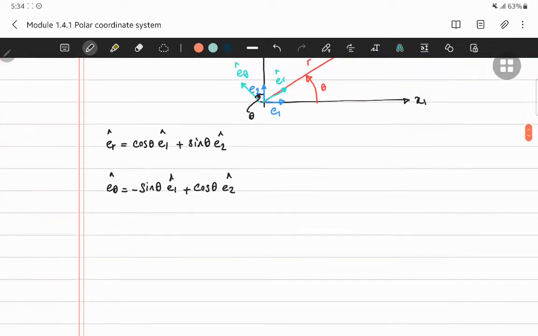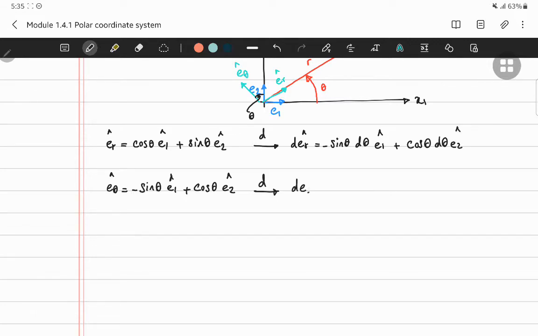And you can also differentiate this. If we differentiate this by applying the differential operator d, dE_r becomes cosine theta, so minus sine theta d theta e1, plus sine theta, so this becomes cosine theta d theta e2.